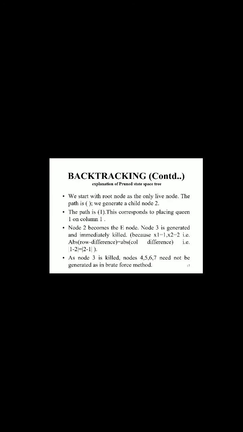Everything is denoted here for an 8 cross 8 chess set. Now come again to this example, that what is going to be done by NQueens(k, n). Initially k will have the value 1 and n will have the value 4. So you will have to find out the column number for queen 1 from the n equal to 4 columns.